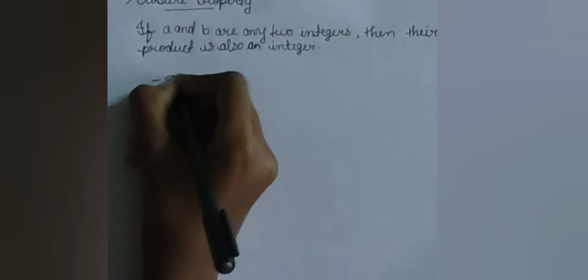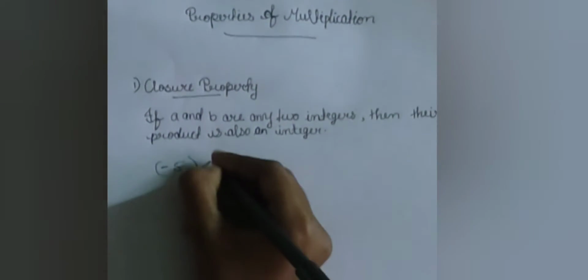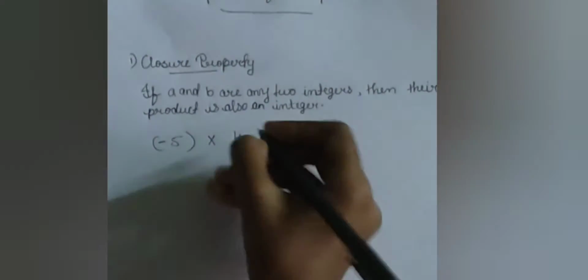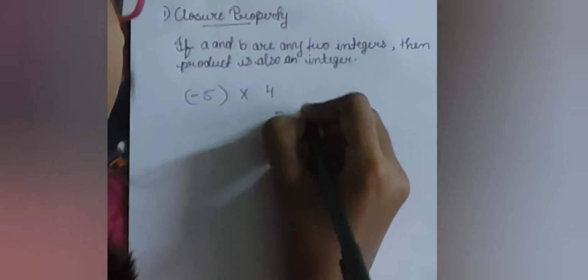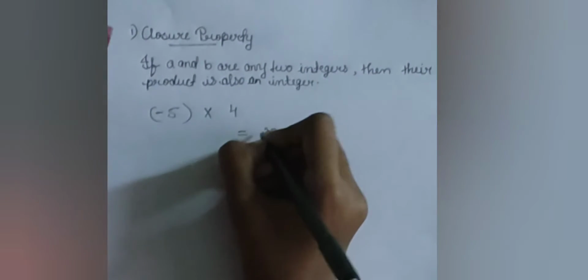For example, negative 5 into positive 4 is equal to 5 into 4, 20. Here we have one negative and one positive. When we have one negative and one positive, their product is always negative. So here the answer is negative 20.